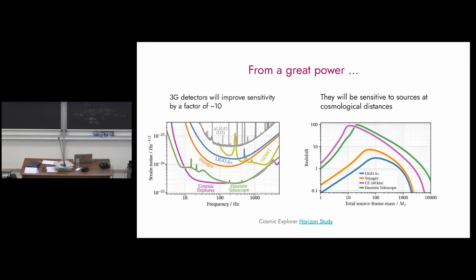This means that we have to go for third generation detectors to have at least a hope to identify modifications in the spectrum away from GR. And the reason is that you will have an improvement of a factor of 10 in sensitivity.